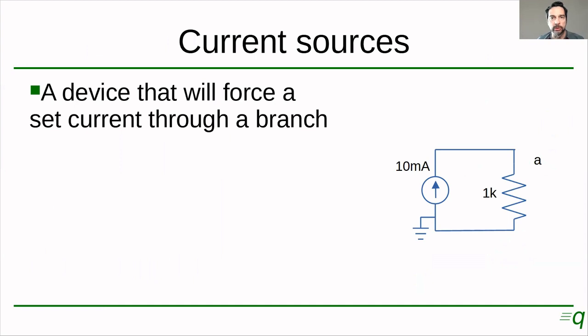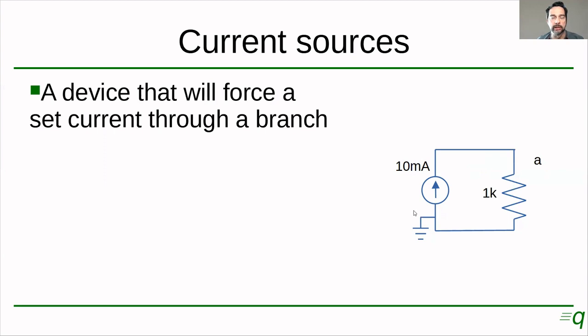And that brings us to the core topic of this video, which is current sources. A current source is a device that will force a set current through a branch in a circuit. This would be pretty much the simplest circuit that we can have with the current source, right? In previous classes, we dealt with voltage sources here, right?